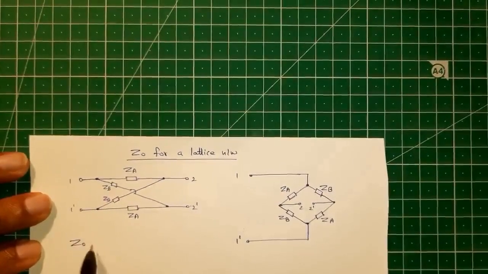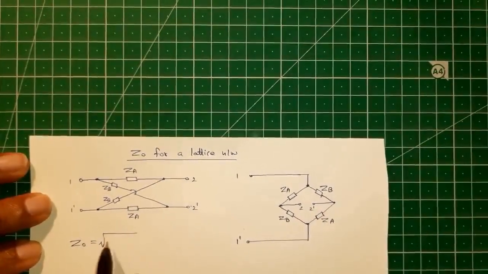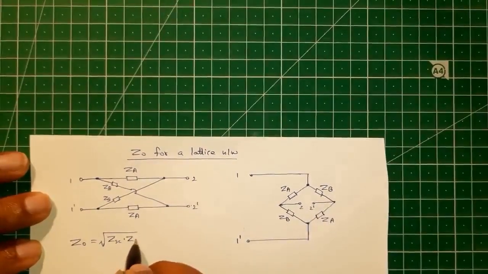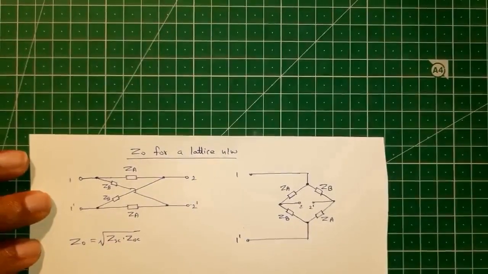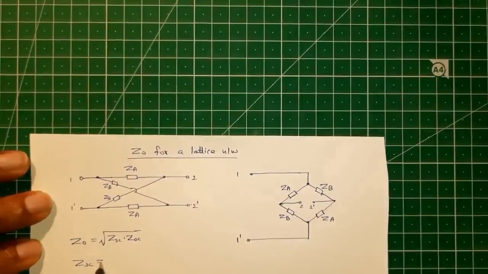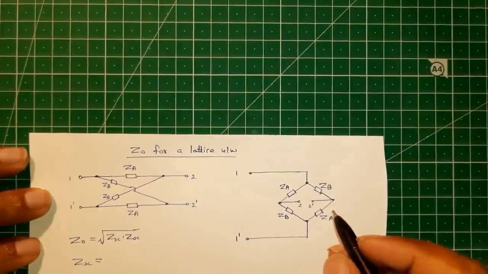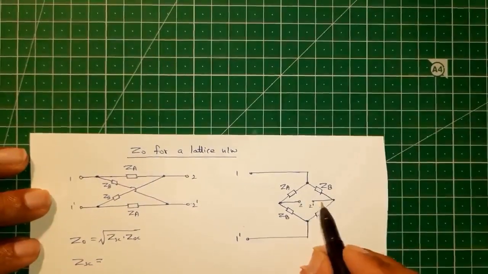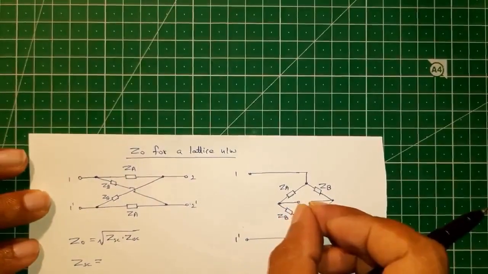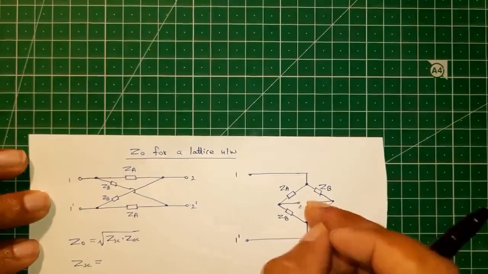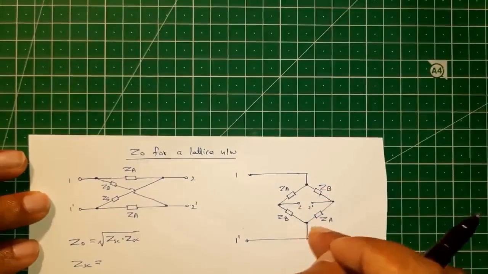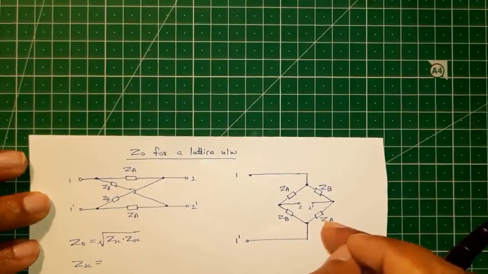What is our characteristic impedance Z0? Square root of the product of the short circuit impedance and the open circuit impedance. So what is the short circuit impedance ZSC? That will be equal to shorting these two terminals. So these 2 points are the same. So we have ZA parallel with ZB, and here also we have ZA parallel with ZB.